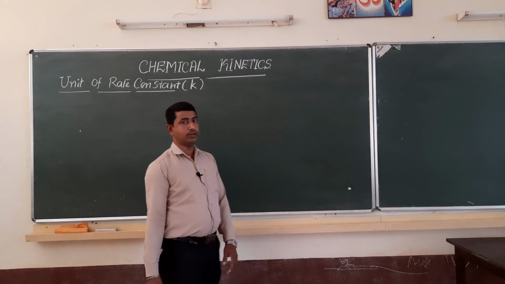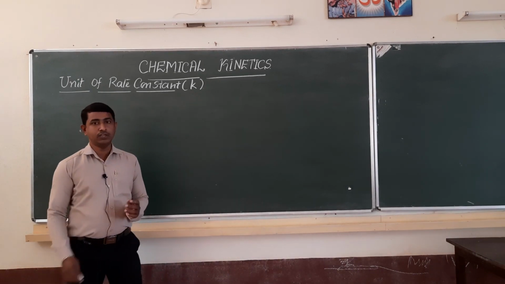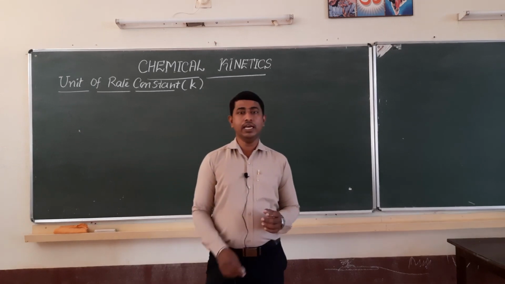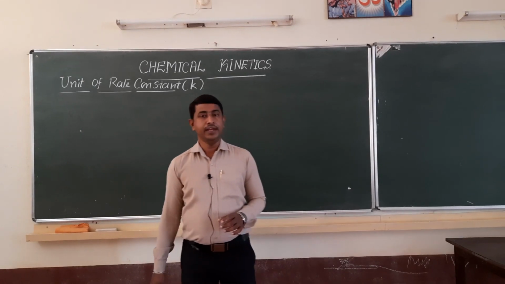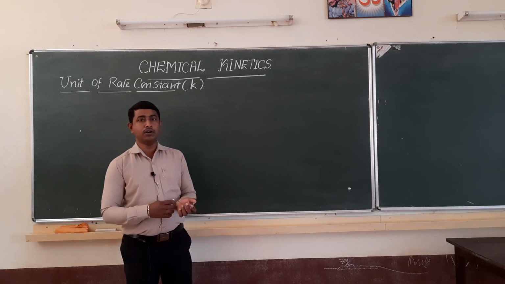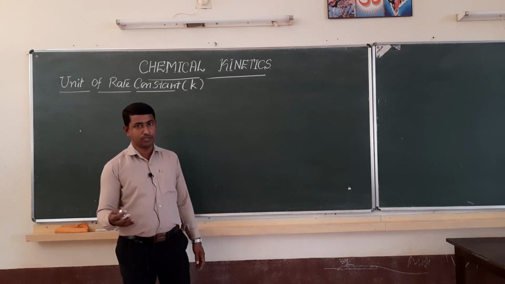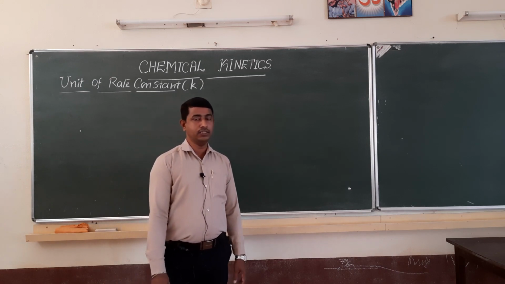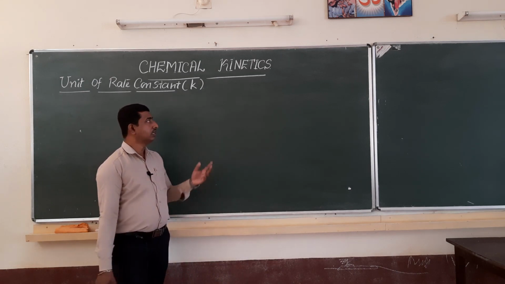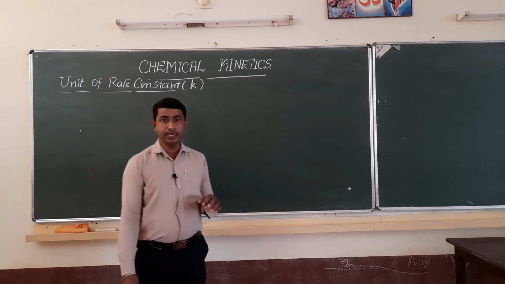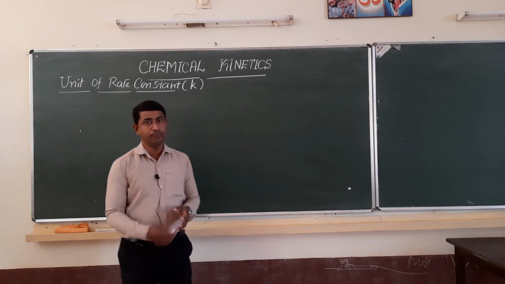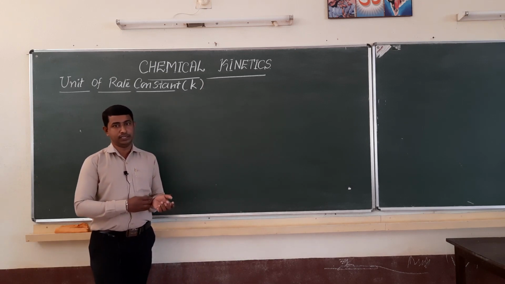We discussed one more term, that is molecularity of a reaction. Now, what is molecularity? Molecularity means the number of reacting species, or number of atoms, or number of molecules, or number of ions participating in an elementary reaction which must collide simultaneously in order to bring about a chemical reaction.